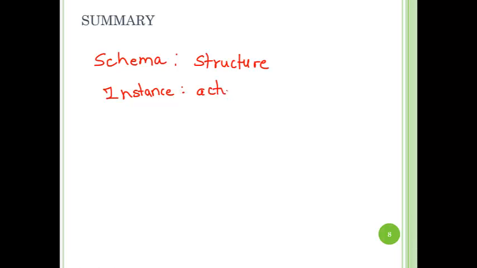So in summary, what we have studied today is the schema. It is the structure of the database, and the instance is the actual content.